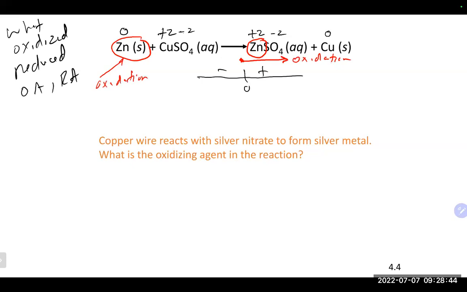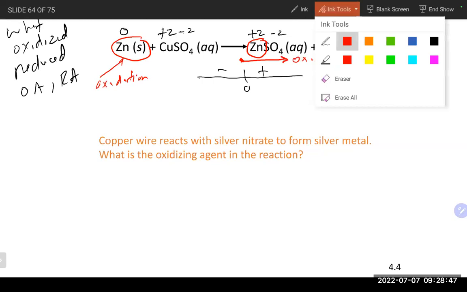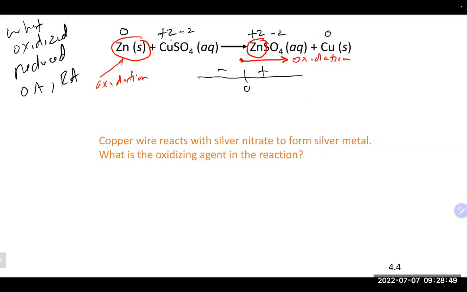Now let's take a look at, say, the copper in this case. The copper here is starting at +2, which would be like over here, and it is ending at 0, which means it is moving in this direction, more negative, which means it is being reduced, right? So our copper here is going through reduction.